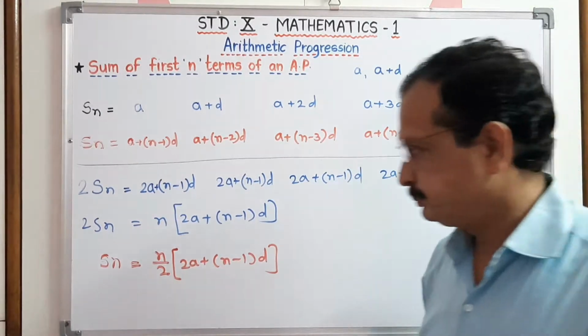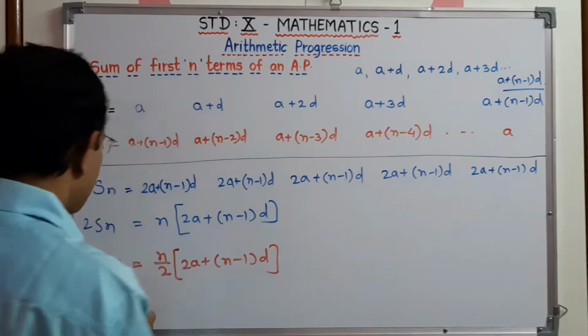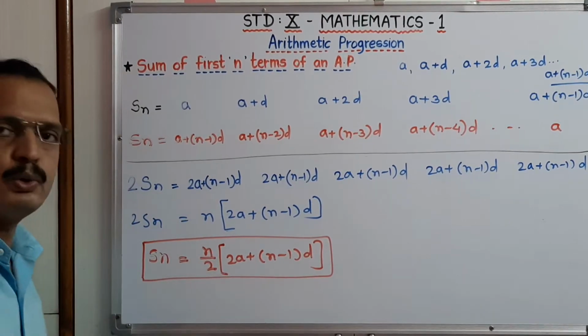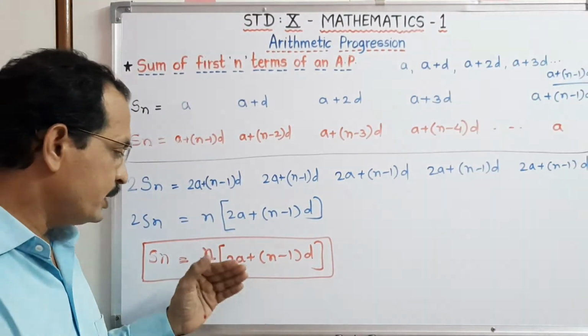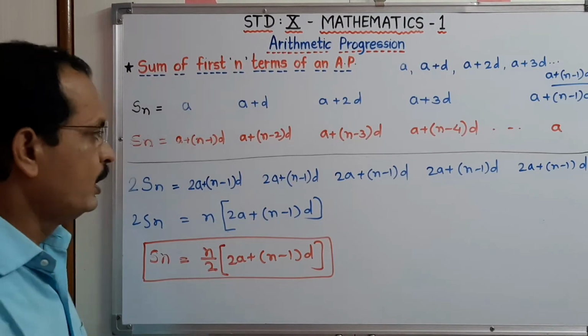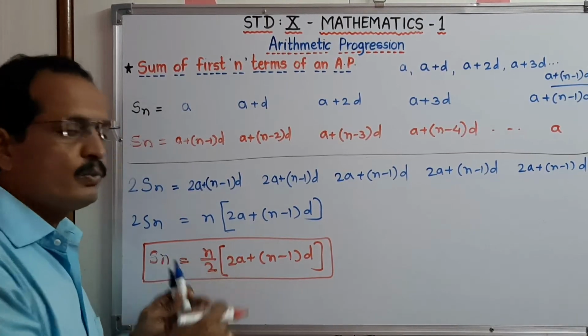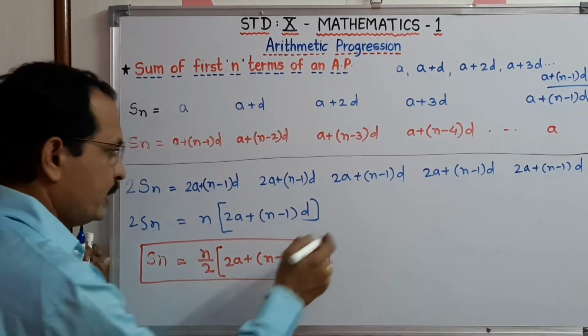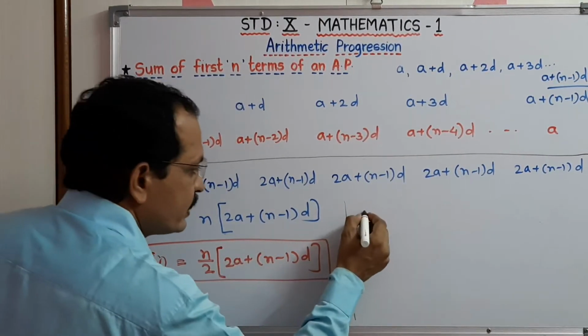Now see here, generally if we have to solve the sums, we have to use this formula more times. It is the most important formula. Now if we make some changes in this formula, how to make changes? See here, it is very easy.